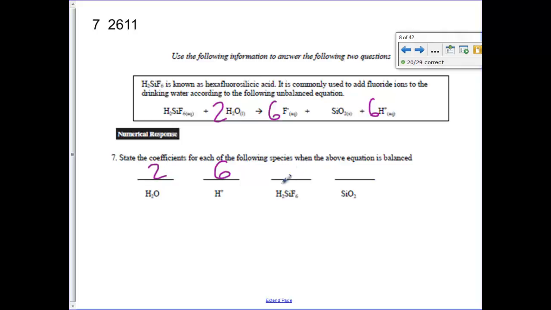What number should go in this spot right here? If you put a 0 or you left it blank, I didn't mark it as right, because there is a 1 implied that goes there, and for this one, there is a 1 implied as well. So if you didn't put 2, 6, 1, 1, if you just put 2 and 6, I probably didn't count it as right. Or if you put zeros there, I think someone did that too.